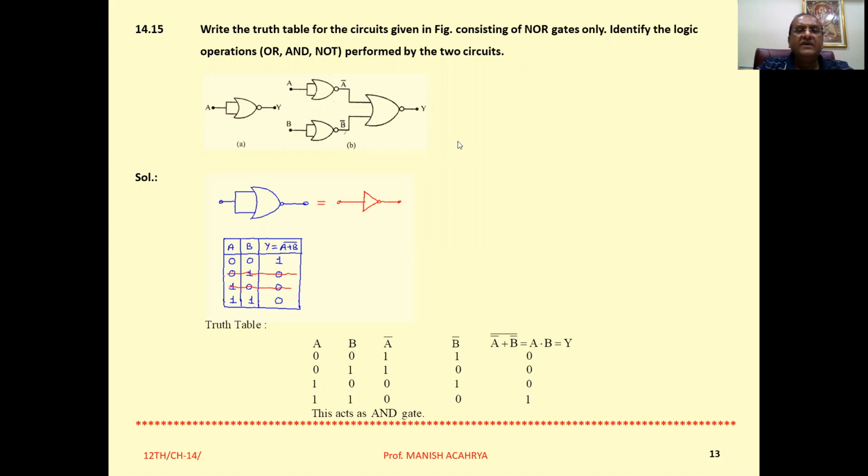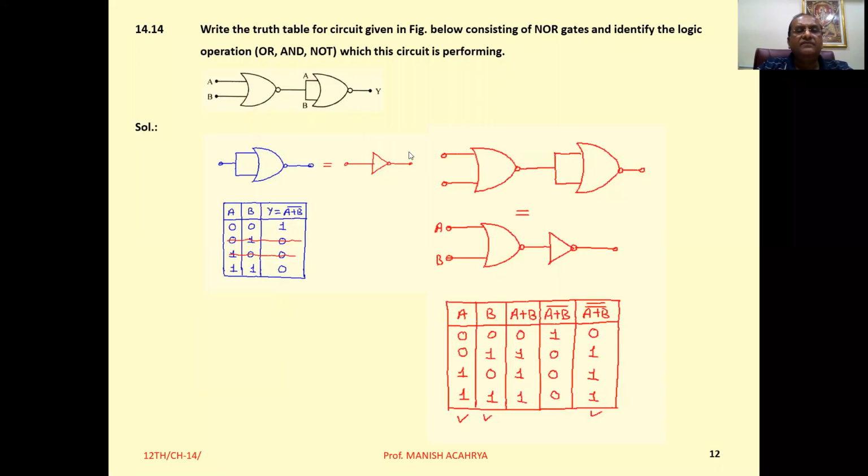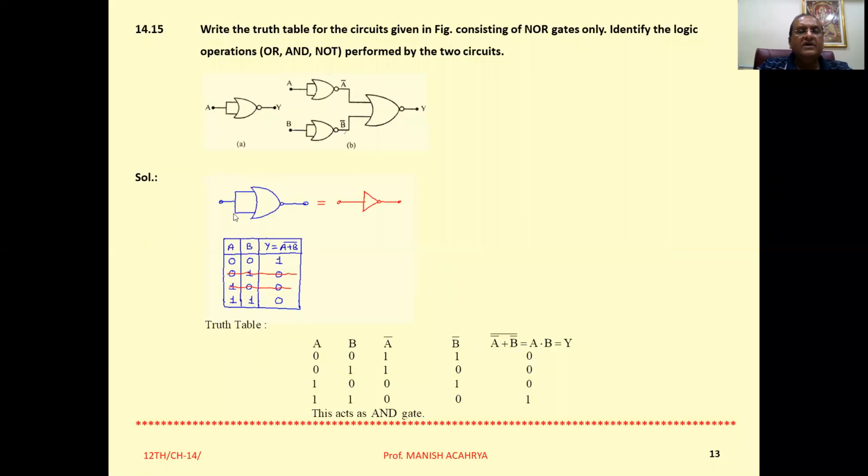In the previous example, we already proved that a short circuited NOR gate behaves as a NOT gate. So the truth table will be 0 to 1, 1 to 0.